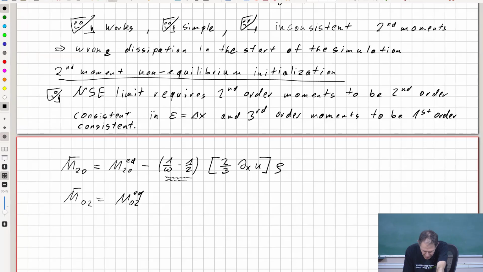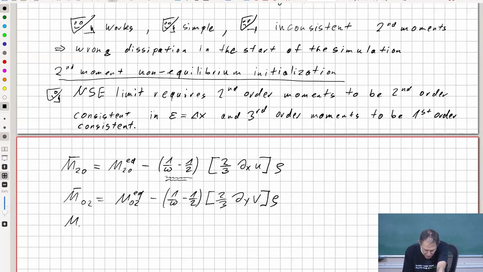The other second moment has its equilibrium part minus 1 over omega minus 1/2, this is the Eon correction, times 2/3 dy v, and this is also multiplied with rho.